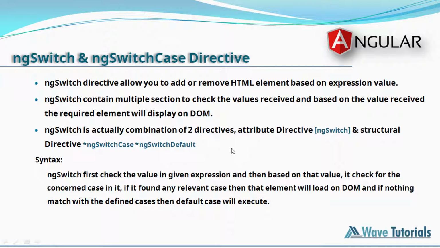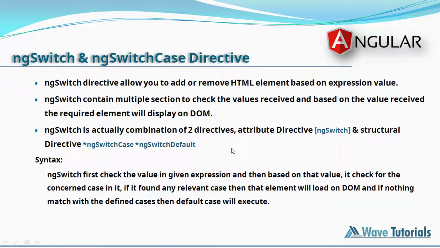The syntax of ngSwitch and ngSwitchCase is: ngSwitch first checks the value in given expression, and then based on that value it checks for the concerned case in it. If it finds any relevant case, then that element will load on DOM, and if nothing matched with the defined cases, then default case will execute.